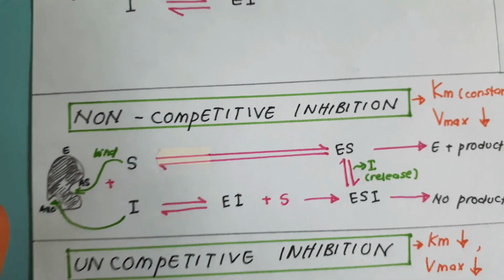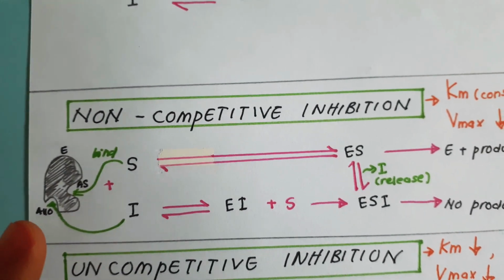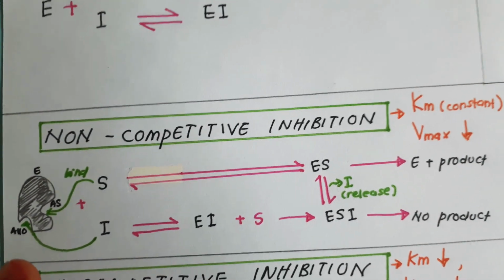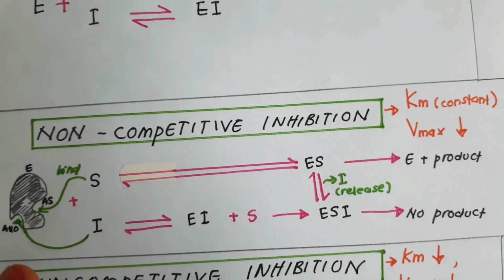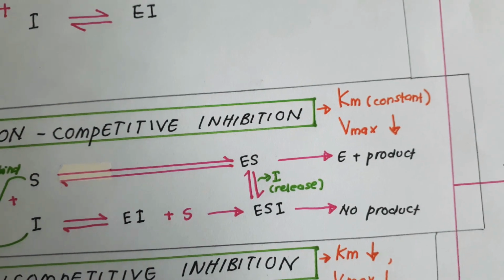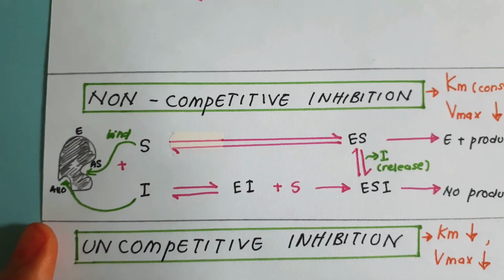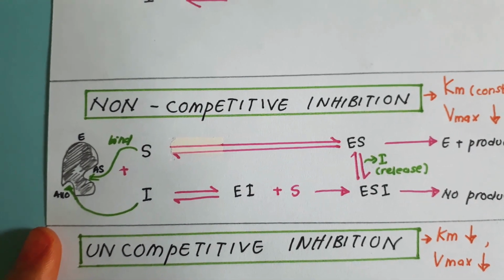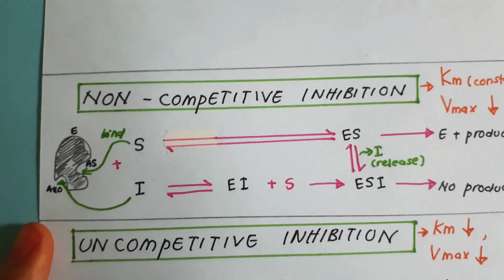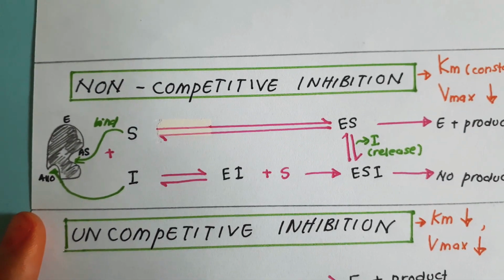Enzyme bound with the substrate will produce an enzyme substrate complex, then form enzyme with the product. The enzyme that binds with the inhibitor will form an enzyme inhibitor complex.